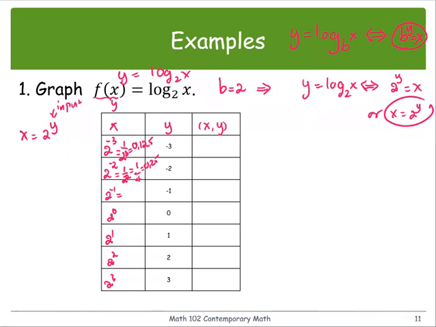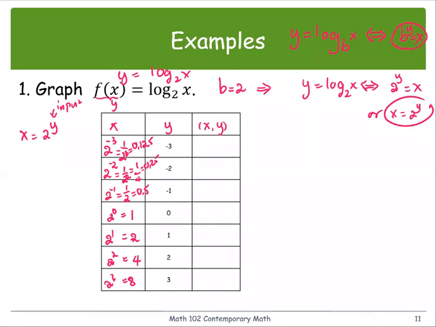2 to the negative first is 1 over 2 or 0.5. 2 to the 0 is 1. 2 to the first is 2. 2 to the second is 4. 2 to the third is 8. Now we get the column for x completed.